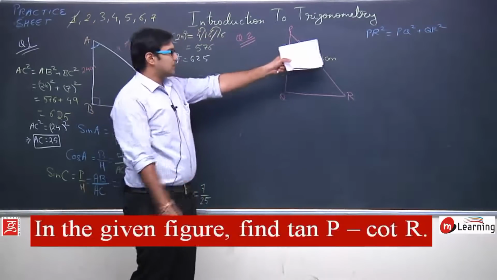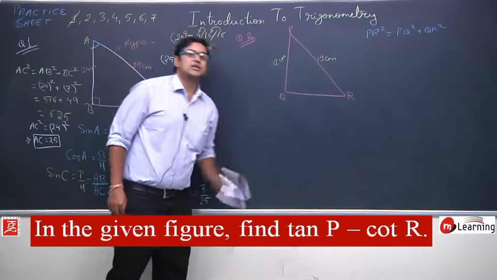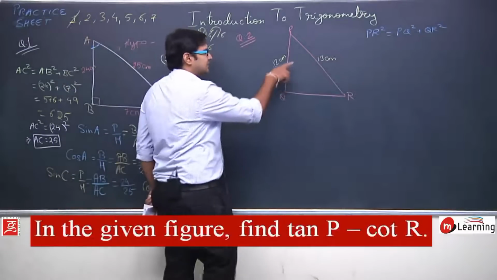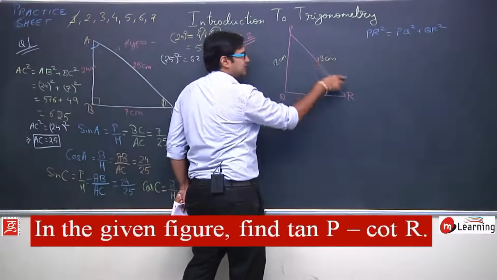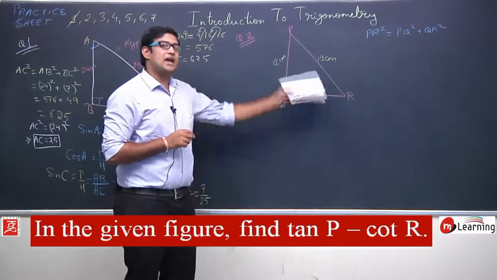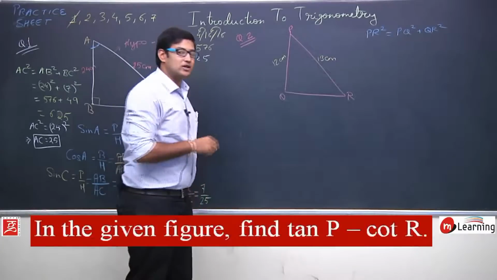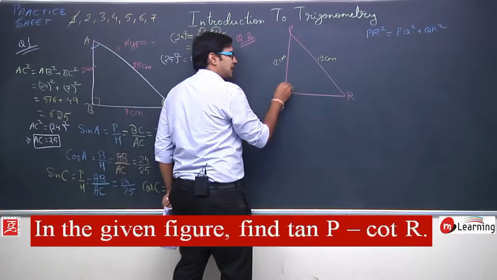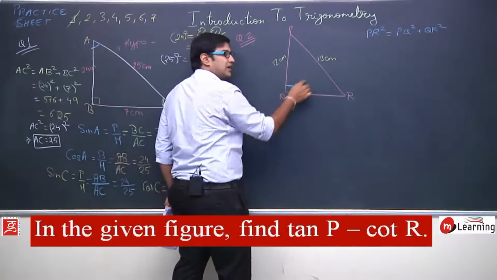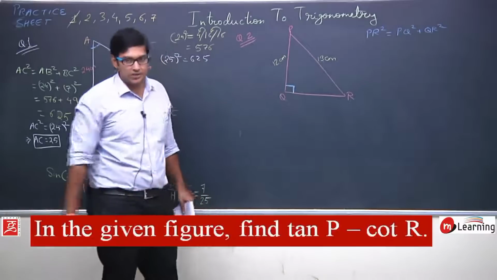Now what does this mean? It means this PR is the hypotenuse. Now अब मैंने ये judge कैसे किया कि PR ही hypotenuse है? It's because the side opposite to the right angle is always the hypotenuse.